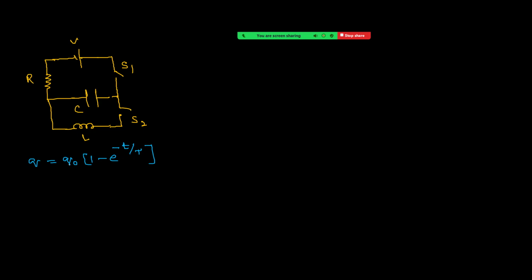So Q naught, where Q naught is CV, that is maximum charge on the capacitor. That means option A is not correct. Coming to option B, after time interval 2 tau, if you take in the place of T, 2 tau, it becomes e power minus 2. That means option B is matching. Okay. So B is correct.